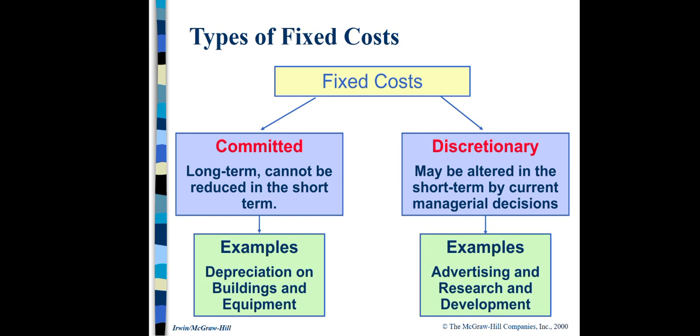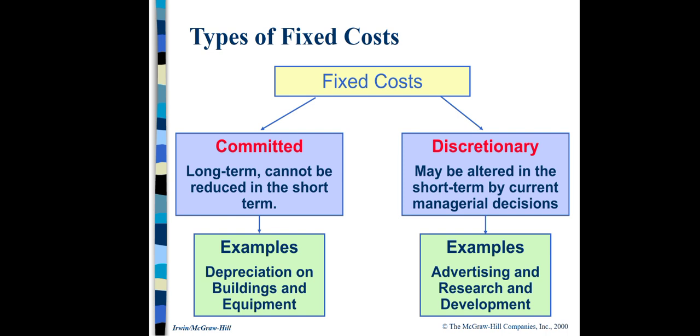Okay, we're going to learn the types of fixed cost. There are two types of fixed cost. First type is committed fixed cost. The committed fixed cost is long term, that cannot be reduced in the short term.